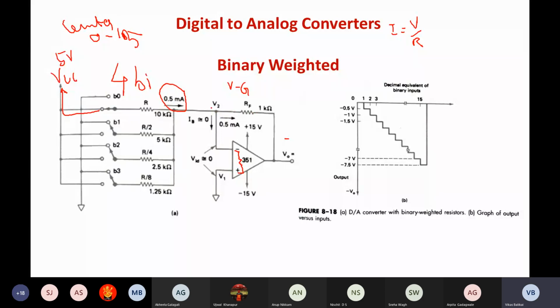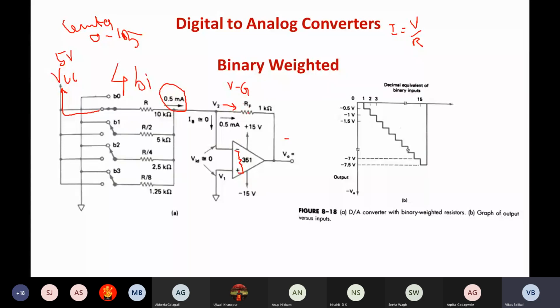So current entering this node is equal to current leaving this node. By Kirchhoff's current law, this current is equal to IB plus IF, and since IB is 0, the entire current that is reaching V2 will flow out through RF. So the current through RF is also 0.5 milliampere.